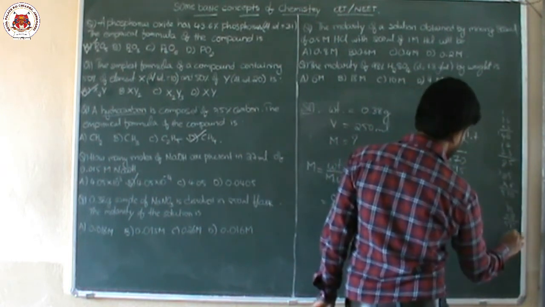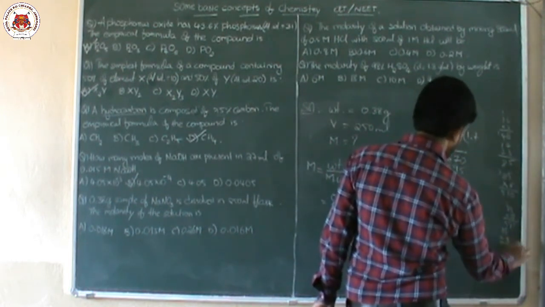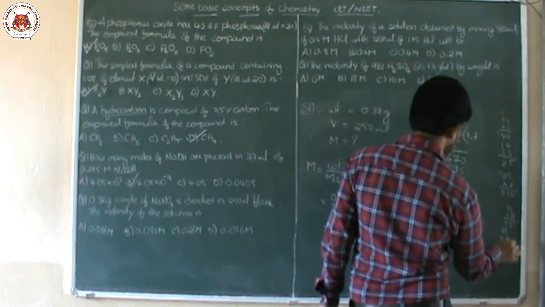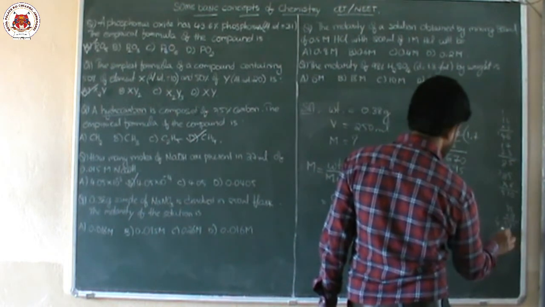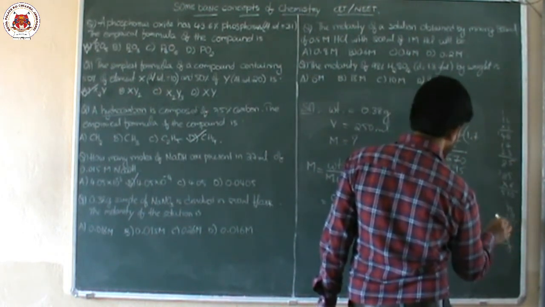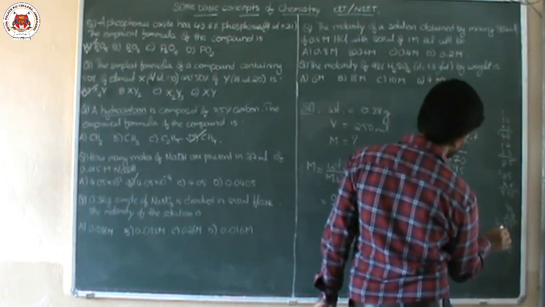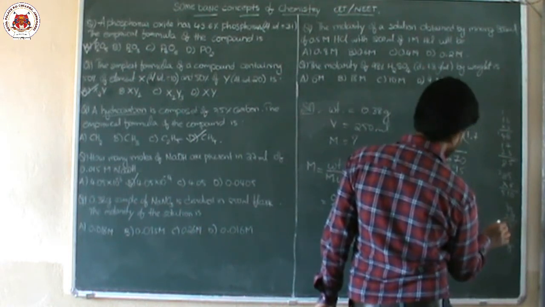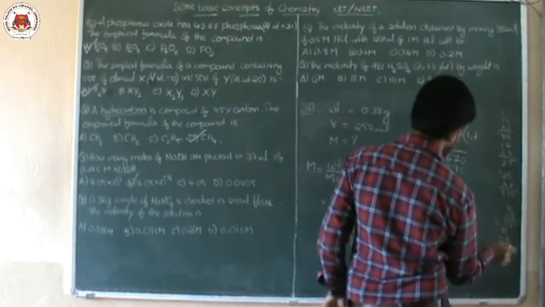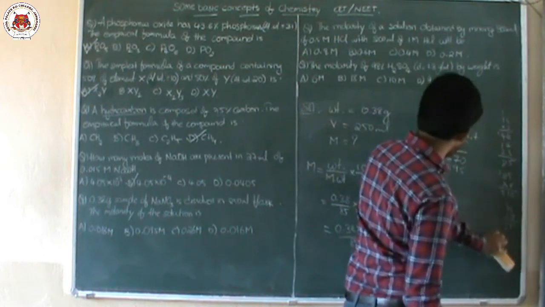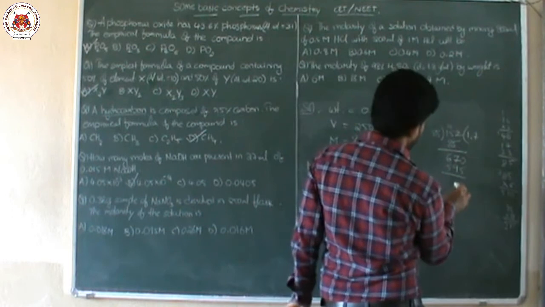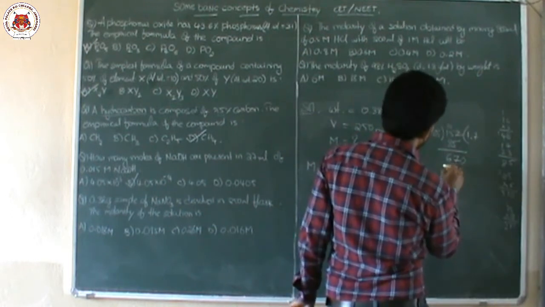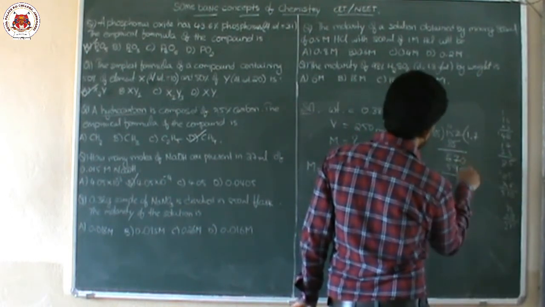Okay, let me check 8 times. So 7 times, 85 into 7, and this calculation will come around 595.